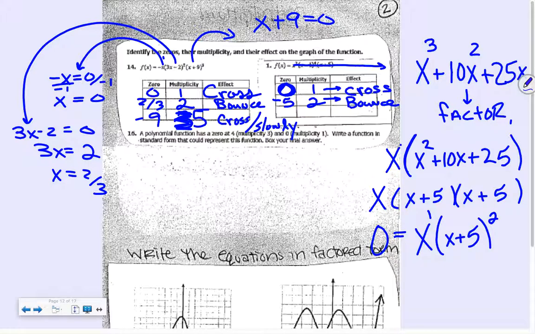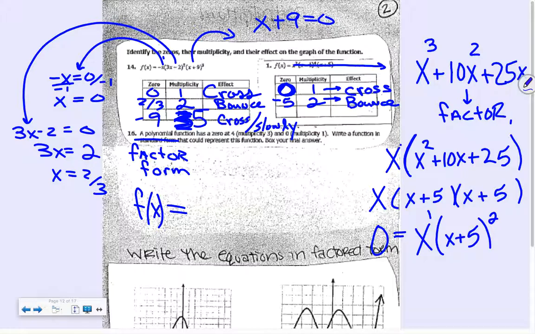Okay, can you read this one? It says a polynomial has a 0 at 4, multiplicity 3, and 0 is a 0, multiplicity 1. Write a function in factored form. Okay, so here we go.